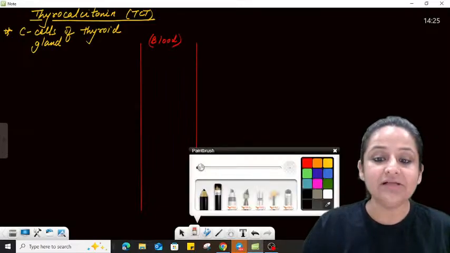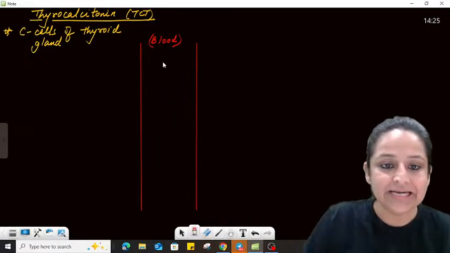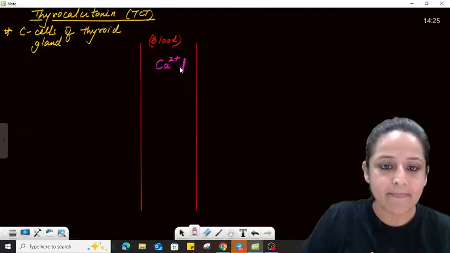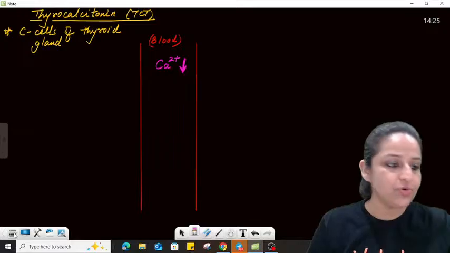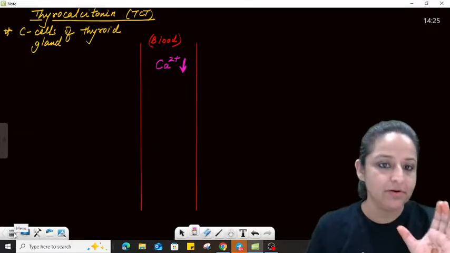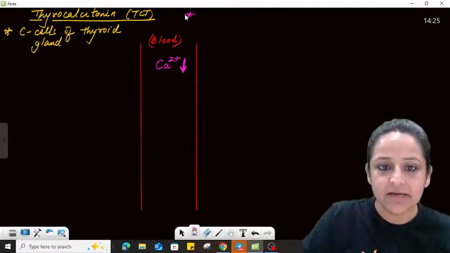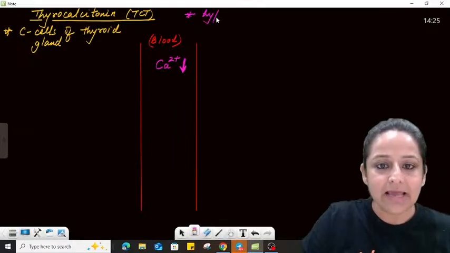Thyrocalcitonin is going to decrease the amount of calcium in the blood. So we can say that thyrocalcitonin acts as a hypocalcemic hormone. What is a hypocalcemic hormone?